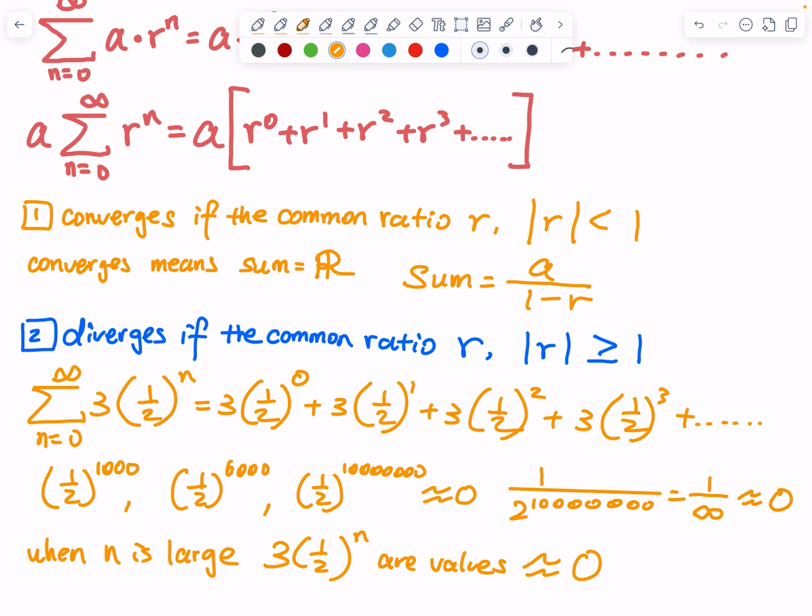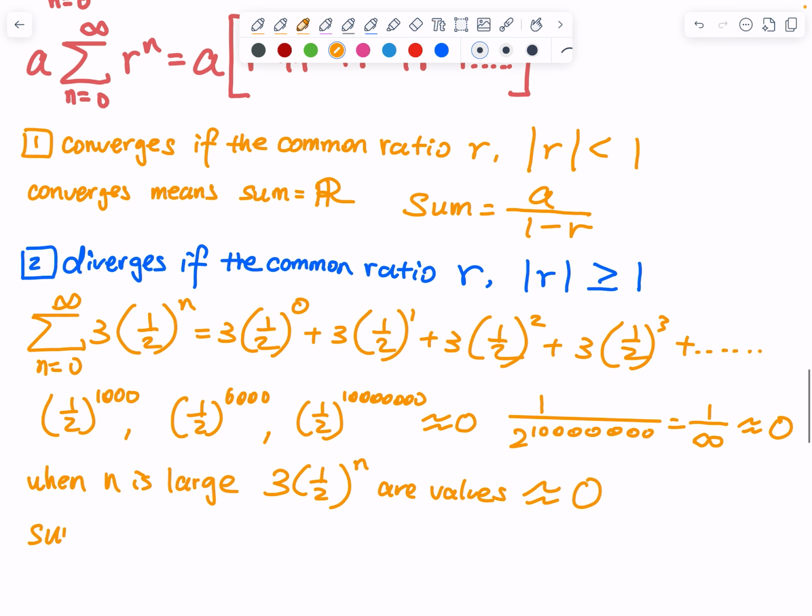Because we start at 0, and then the first power, second power, third power, we will say the sum is determined by the terms when n is small.